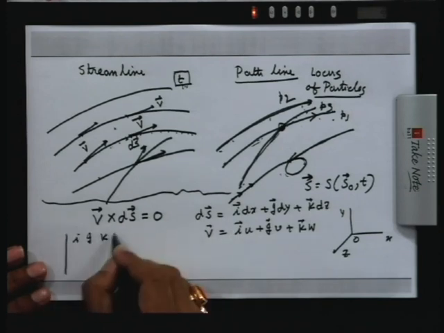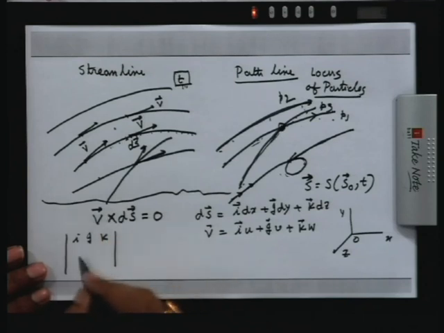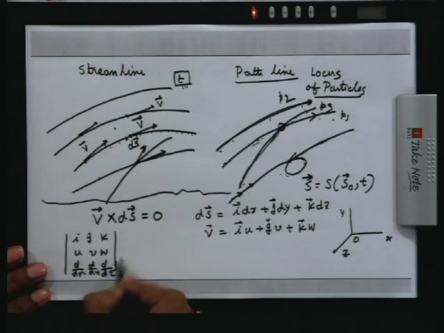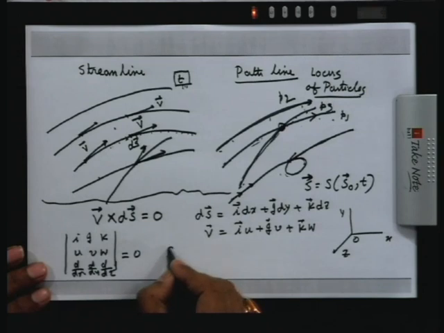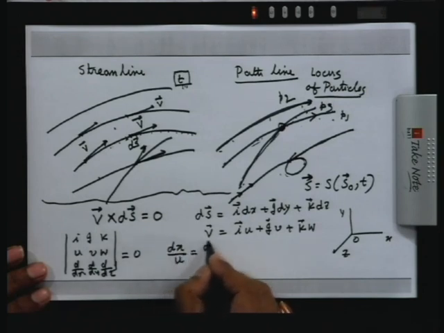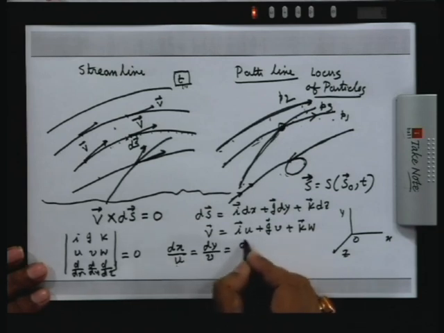You can write this cross product like this, the determinant of u, v, w, dx, dy and dz equals 0, and this can be written as the equation dx by u equals dy by v equals dz by w.